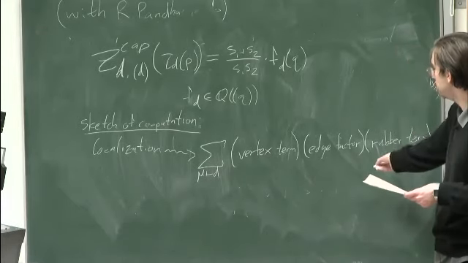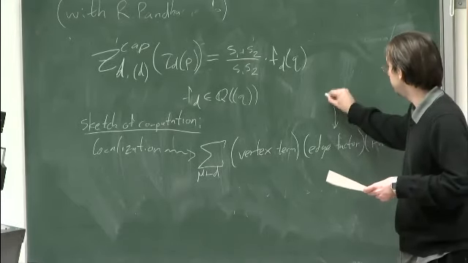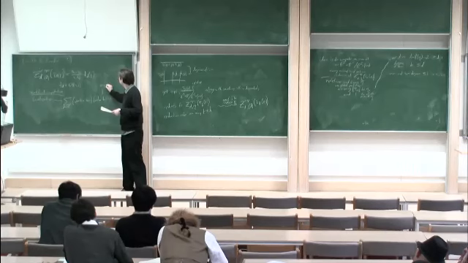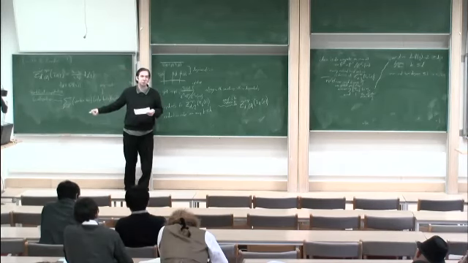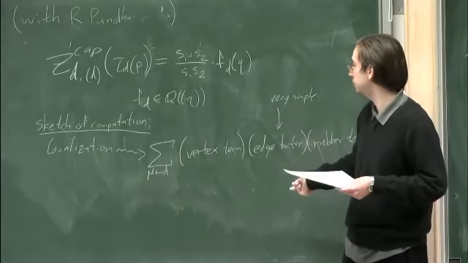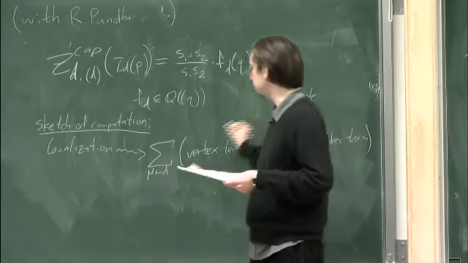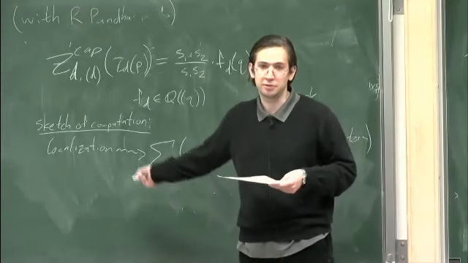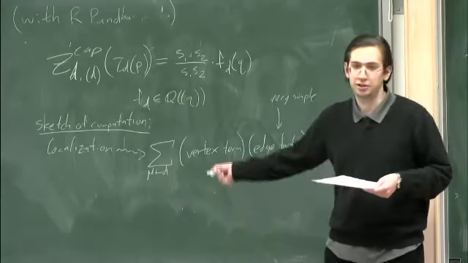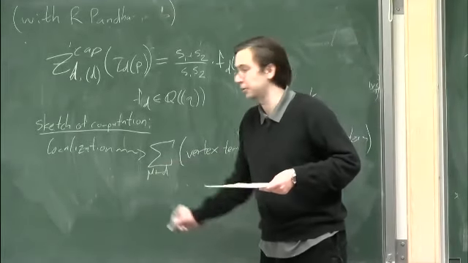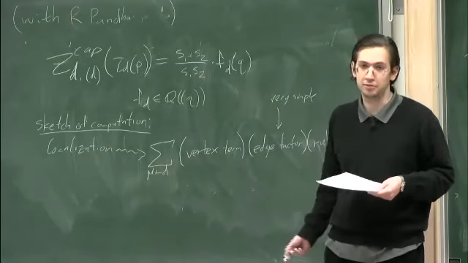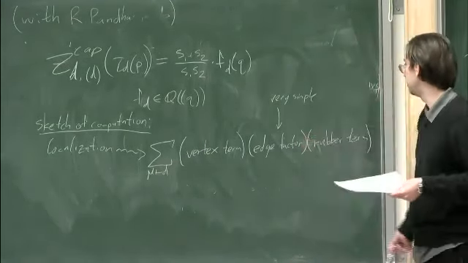Of these three pieces, the edge factor is something very simple. It's monomial in Q, and the dependence on S1 and S2 is given very simply in terms of representation theory corresponding to this partition. We look at the dimension of the irreducible representation of Sn corresponding to mu and throw in some other factors.